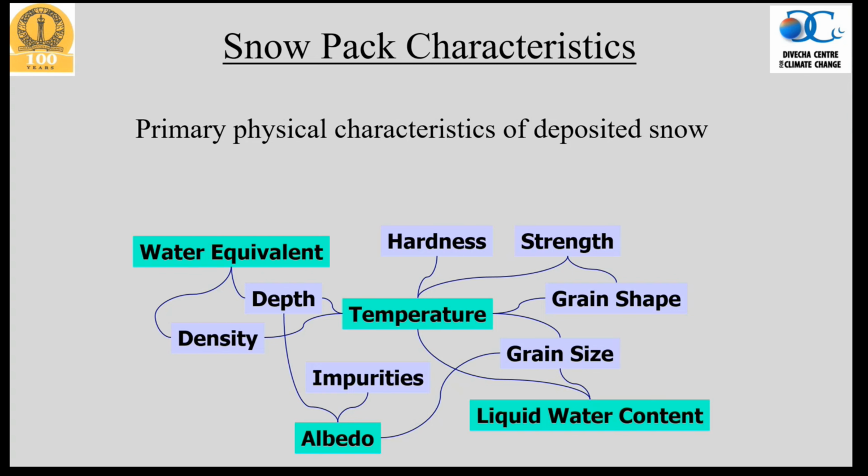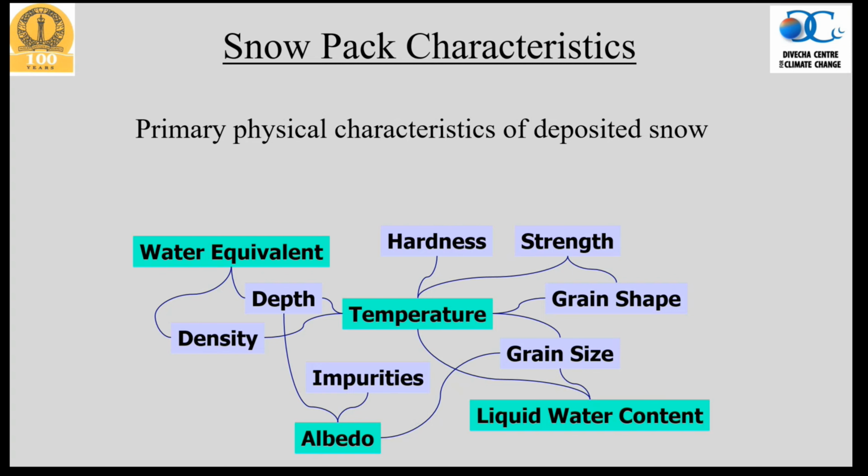So it is important for us to understand that some of these parameters are important, particularly hardness, strength, and grain shape. These are important for us to understand avalanches, because they change the strength of snow and can lead to avalanches.